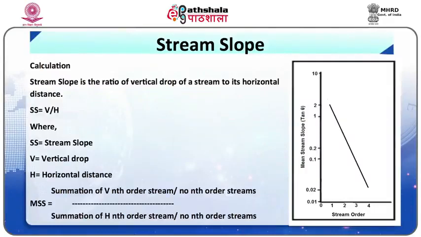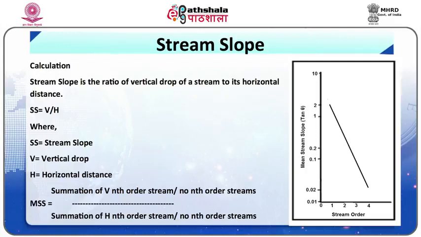Stream slope is the ratio of vertical drop of a stream to the horizontal distance. The stream slope is expressed in the equation SS = V / H, where SS is stream slope, V is vertical drop and H is horizontal distance.